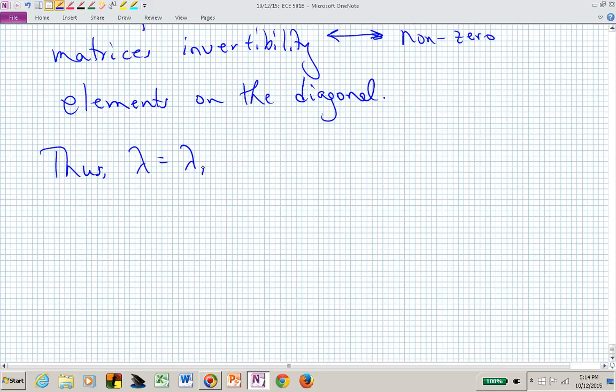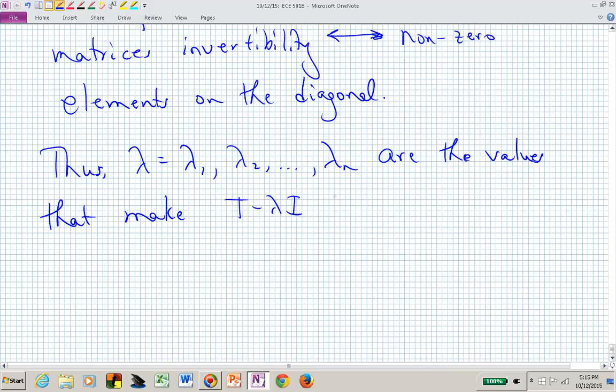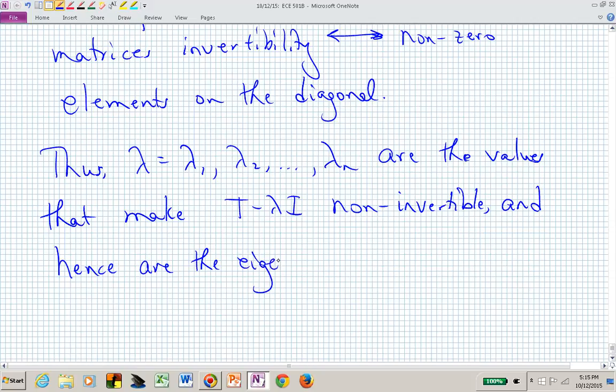Thus, lambda equal to lambda 1, lambda 2, lambda sub n are in fact the values that make T minus lambda I non-invertible, and hence are the eigenvalues of our map T.